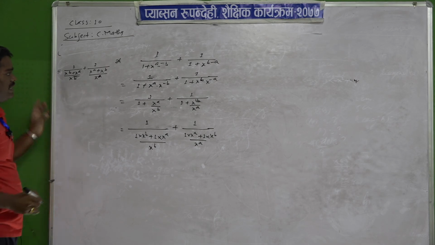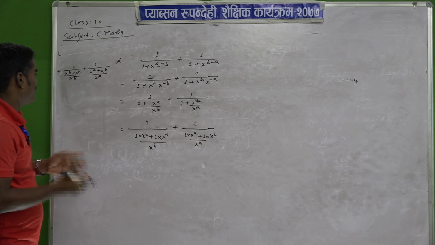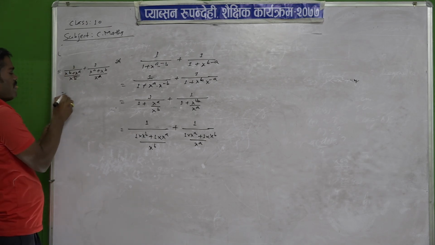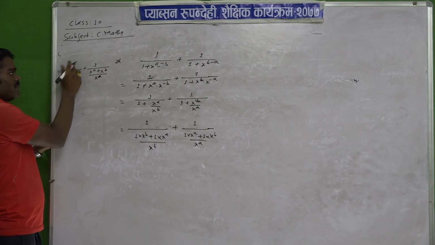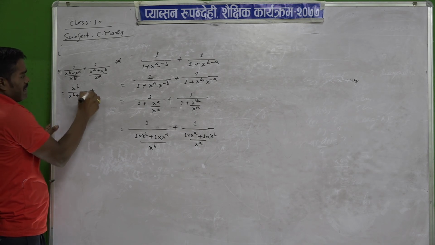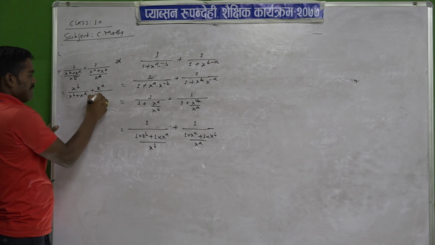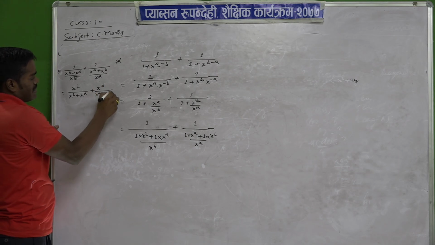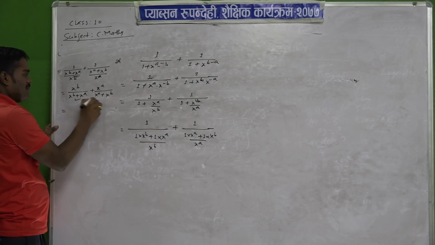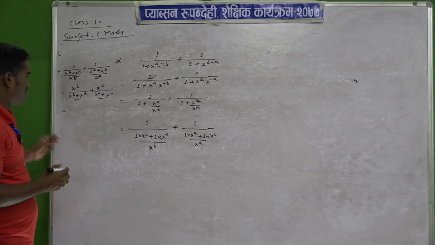Now they are in divide form, so change in multiply form. So what will happen? This will go up. So x power b into 1 means x power b whole upon x power b plus x power a. Here x power a into 1, x power a whole upon x power a plus x power b. Now you are watching, both have the same denominators.